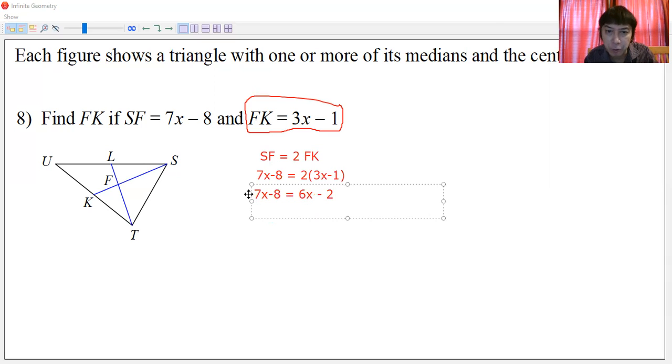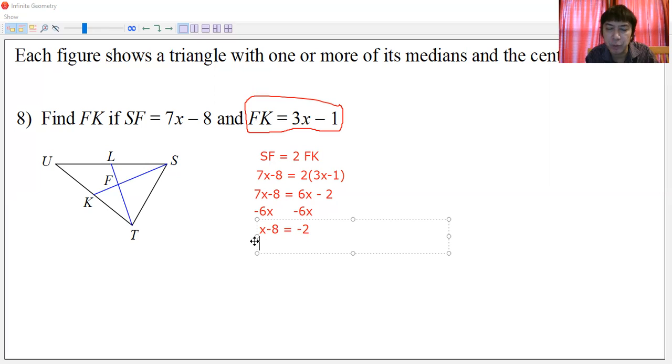7x minus 8 must be equal to 6x minus 2. There. And then continue with the solution by way of subtracting the smaller term with x. That's minus 6x from both sides. Minus 6x and minus 6x. We get x at the left with minus 8, and the right side is just negative 2.